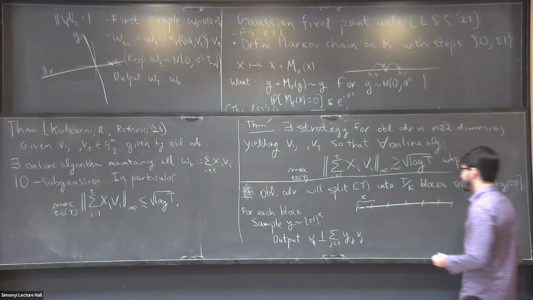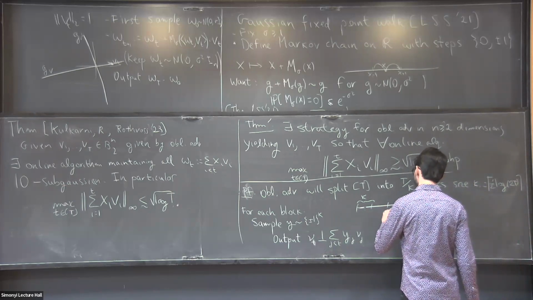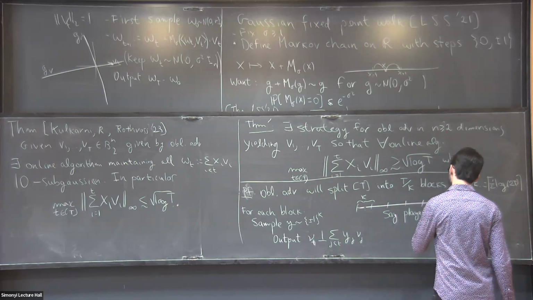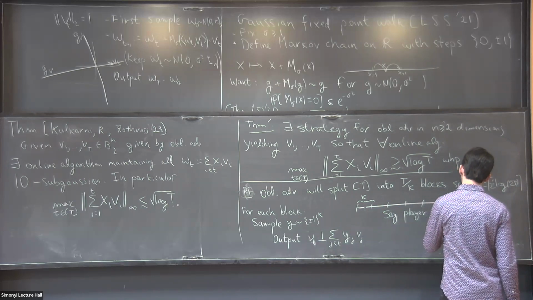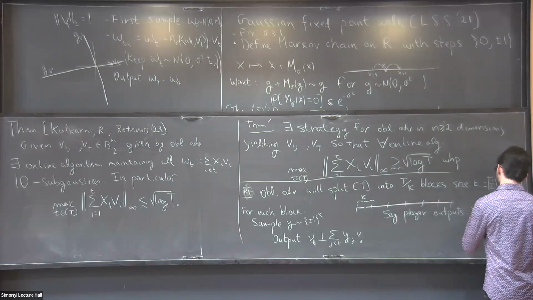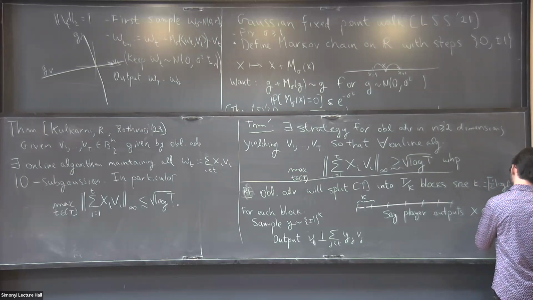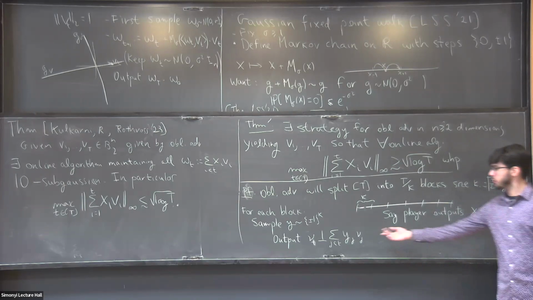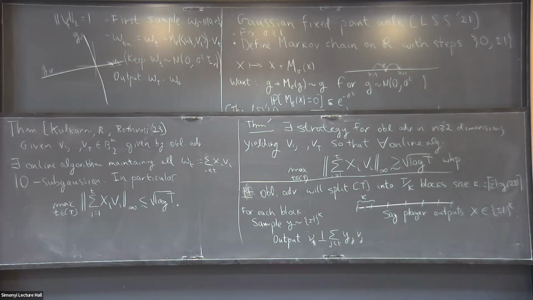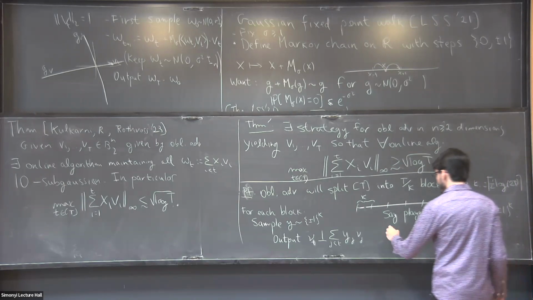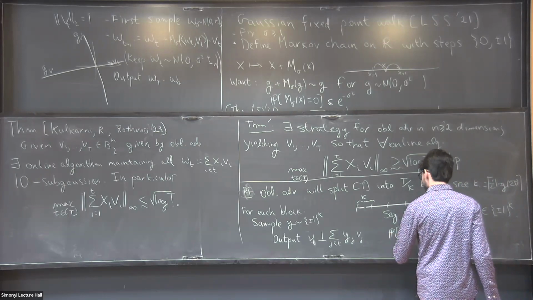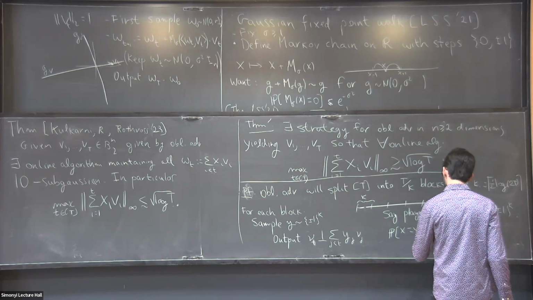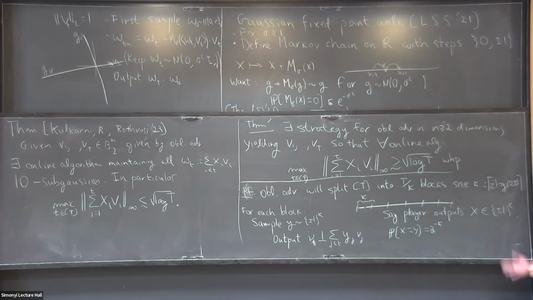And so the point is that, say the player outputs their signs in response to these vectors. With probability 2 to the minus k, these will actually be the same.